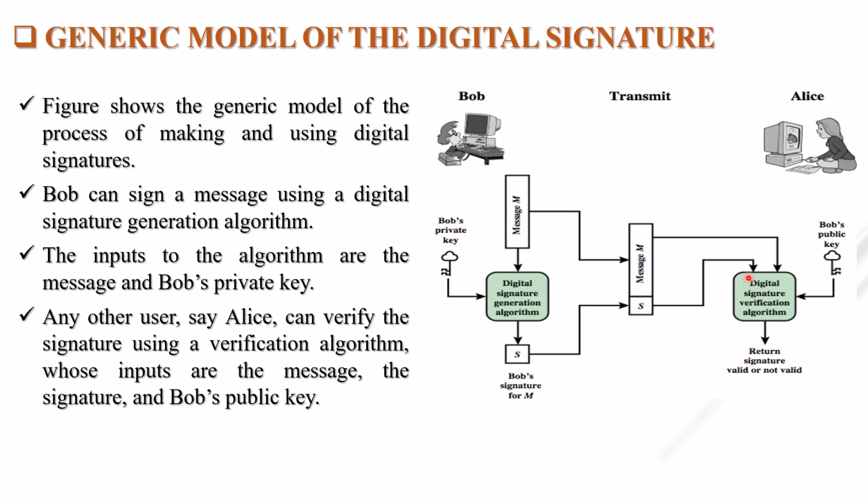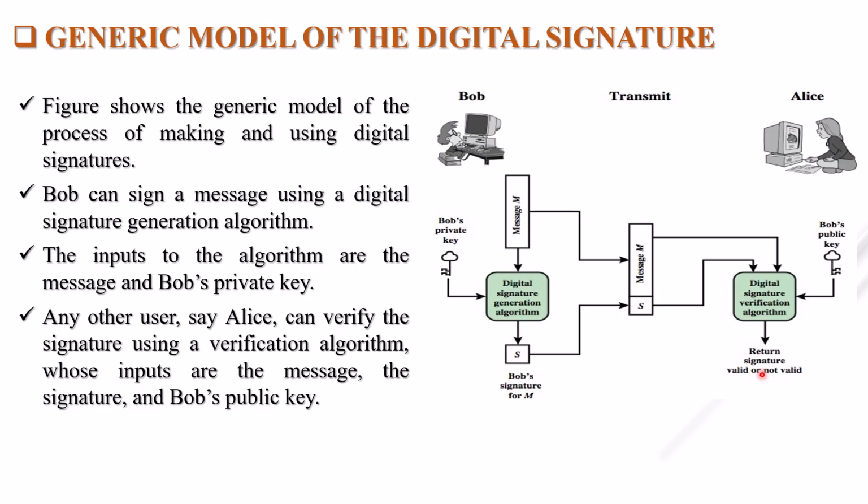That will be decrypted by Bob's public key, obviously, and once again we get the hash value, and the hash value of this particular message will be compared. So this algorithm returns whether the signature which comes from Bob is valid or not. So this is a simple generic model of a digital signature.